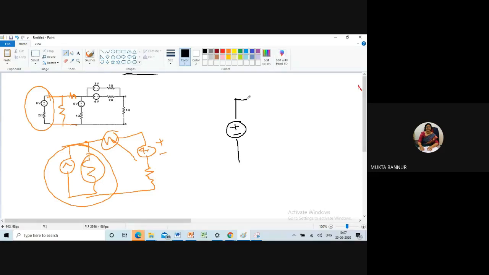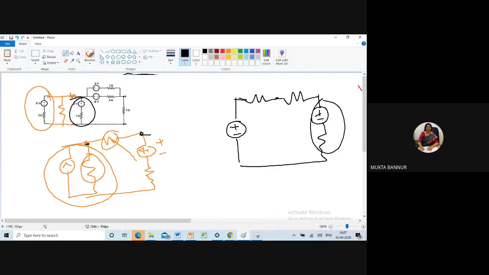This will come in series at this point. At this point and this point there is a resistance. Here it is a voltage source. I haven't considered this voltage source in my manipulation. This is kept as it is.